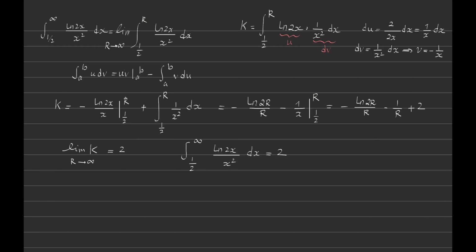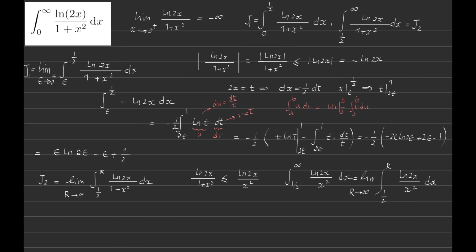If I go back here, I was able to show that this integral converges by comparing the integrand with this function. I realized that the absolute value of the integrand of this integral is always less than or equal to this one, and that the integral of this function within the range from epsilon to 1/2 indeed converges, so this guarantees that J1 converges.